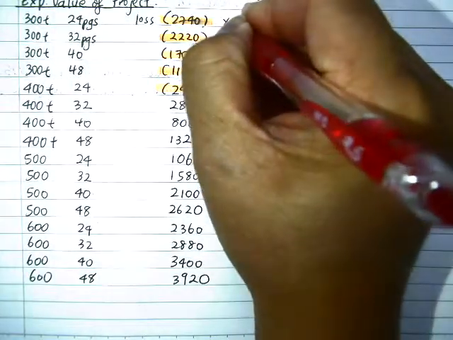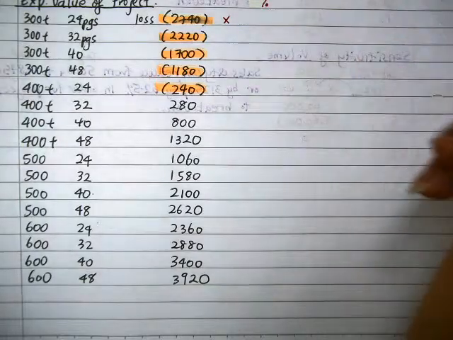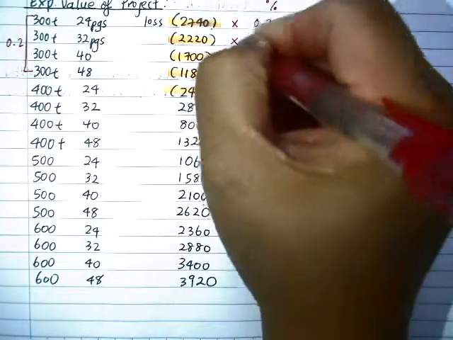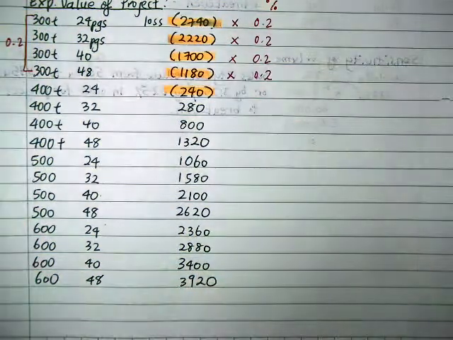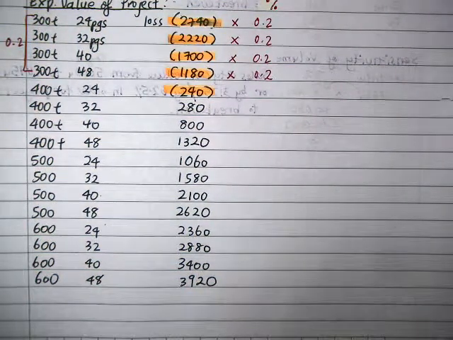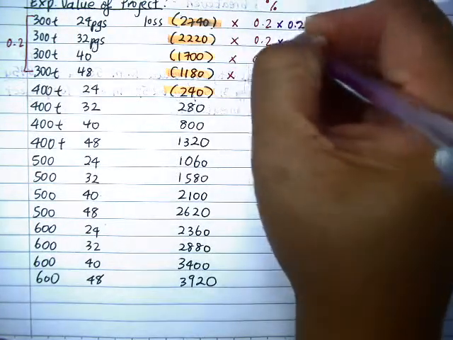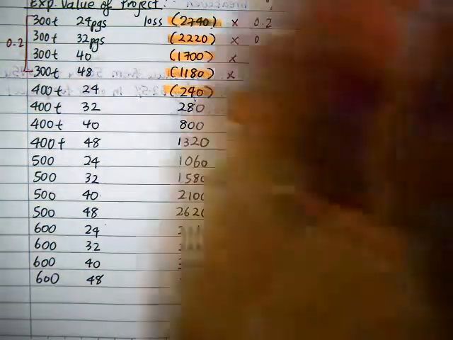Now the chance that it will be 300, 300 is 0.2. So you times 0.2. Then you times 0.2, 0.3, 0.4, 0.1. Now this 0.2 is for this 24, 0.3, 0.4, 0.1.